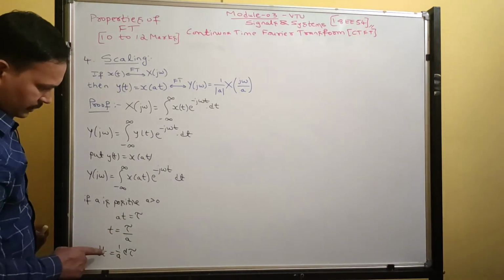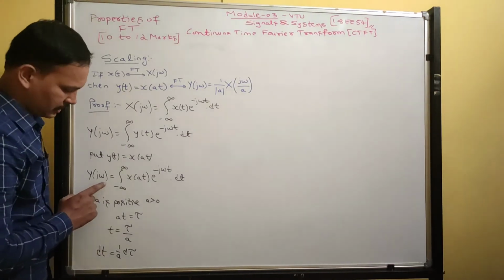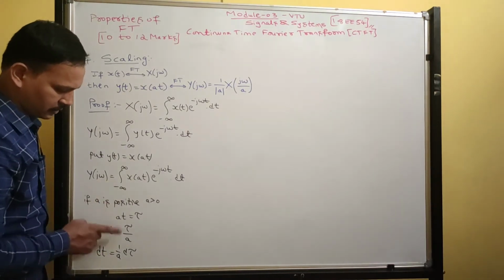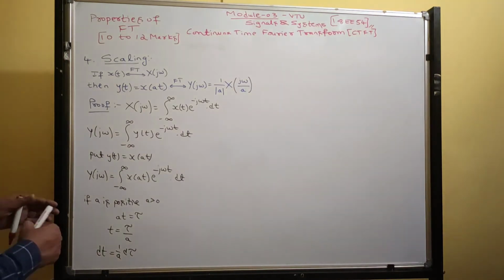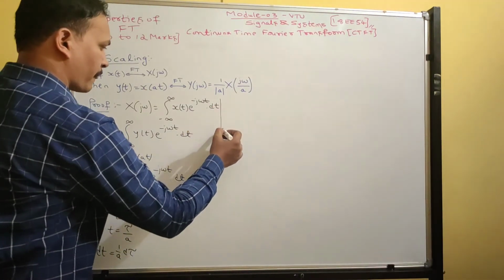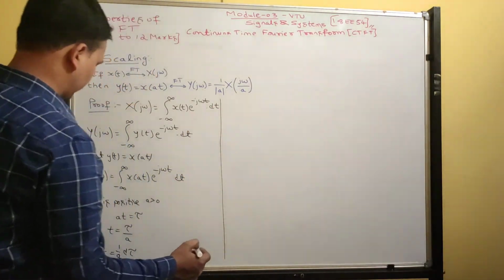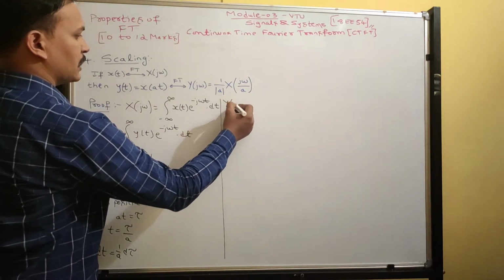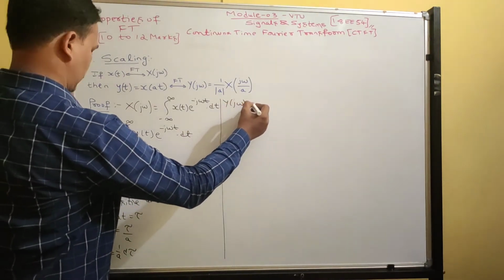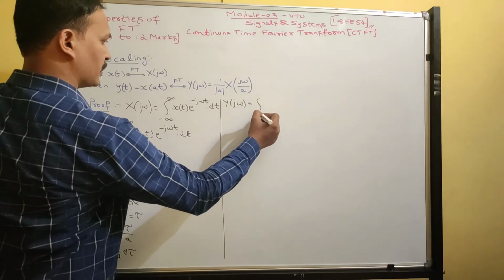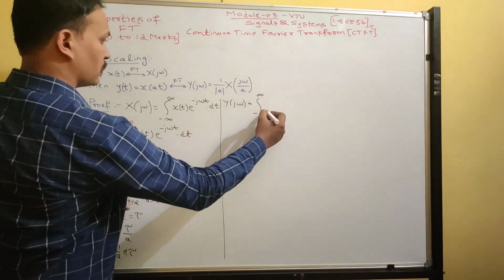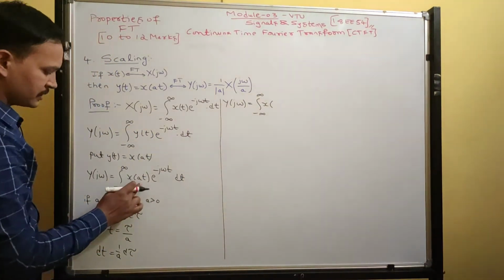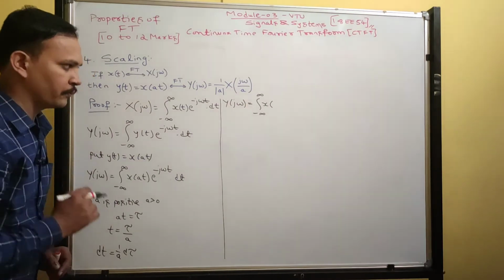Use all these notations in this equation. So we can write like this: Y of j omega is equal to the integral from minus infinity to infinity of x of, what is at? We have taken tau.